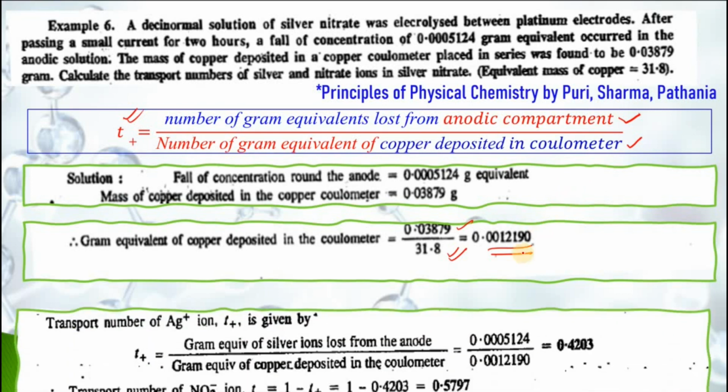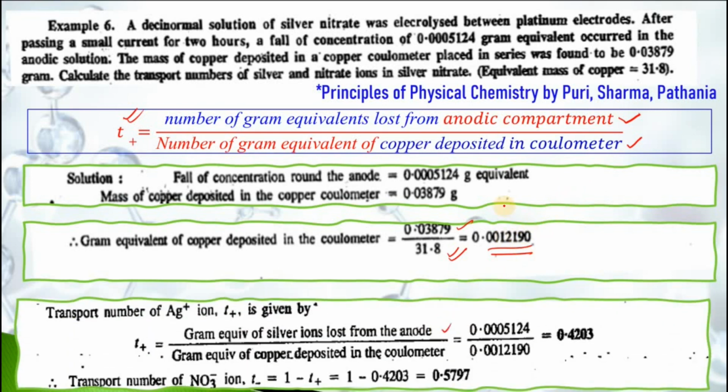So simply we have to substitute the values in this formula. This is the number of gram equivalents lost in the anodic compartment, substitute it here, and this is the number of gram equivalents of copper deposited in the copper coulometer. Substitute it in the denominator and divide. We get the transport number of the cation. Once we know the transport number of any one ion, the transport number of the counter ion can be calculated by using this formula. Here comes the transport number of the anion.